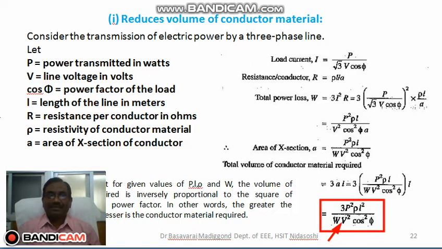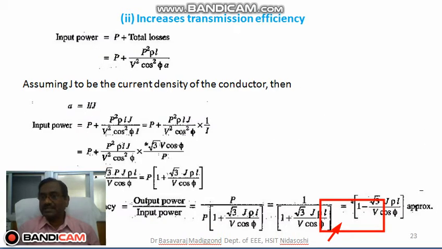Okay, so let us see the next advantage. It increases the transmission efficiency. Input power is given by P plus total losses.